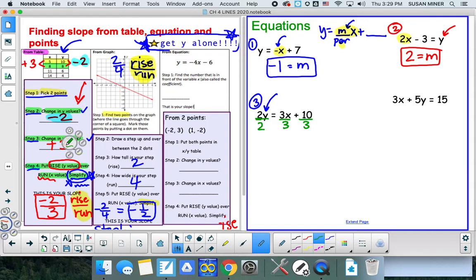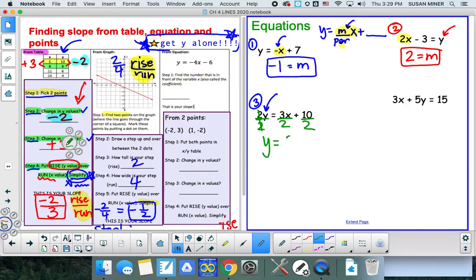Remember at the beginning when we were solving literal equations and we had to get y alone? Well, this is just review from, I believe it was unit 2, where we solved literal equations. We got y alone. So, I'm sorry, I divided everything by 3. I don't know why I did that. I should be dividing by 2 because I want to cancel out that 2 and get y by itself.